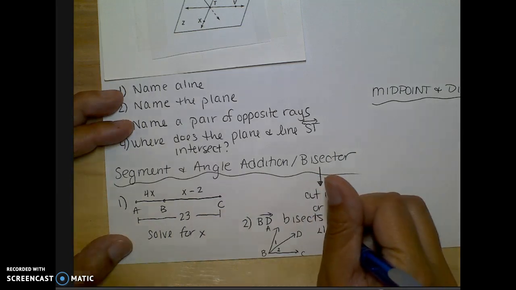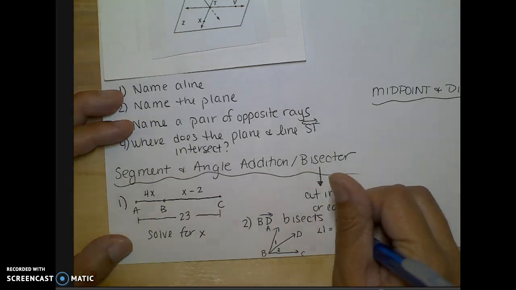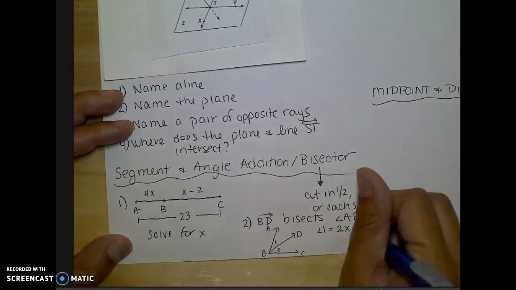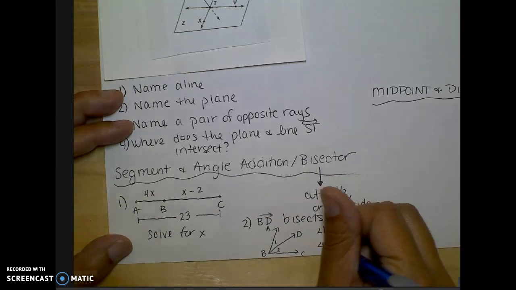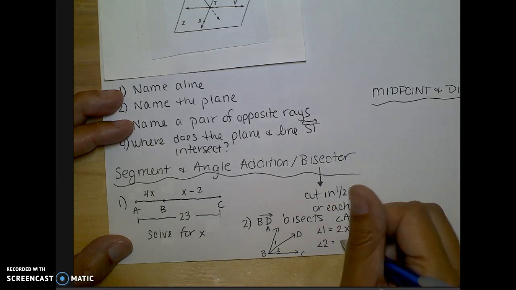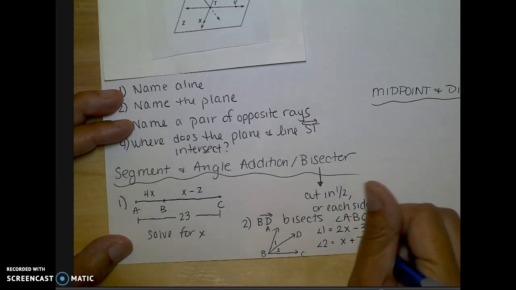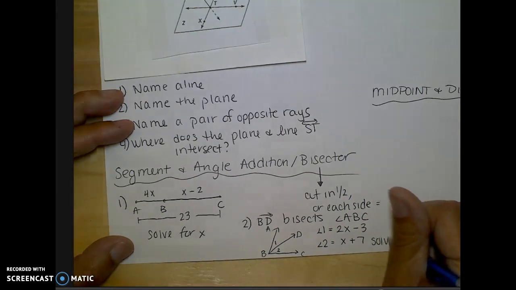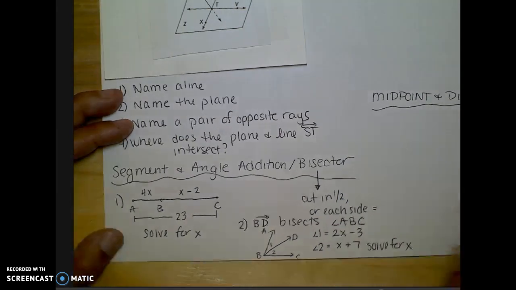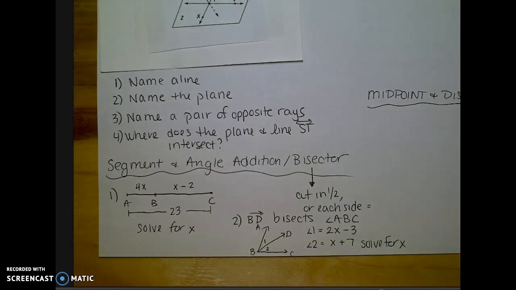If angle 1 is equal to 2x minus 3, and angle 2 is equal to x plus 7, solve for x. Okay, so that might be another problem that you try. Maybe pause it, try those. You can check your answers at the end.